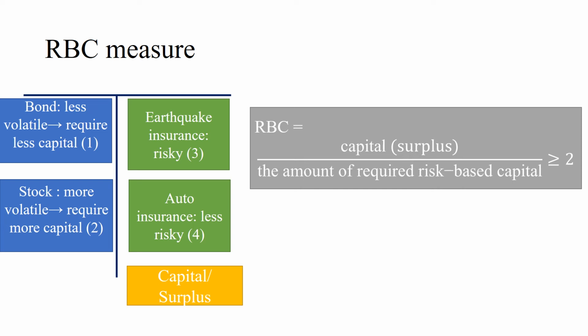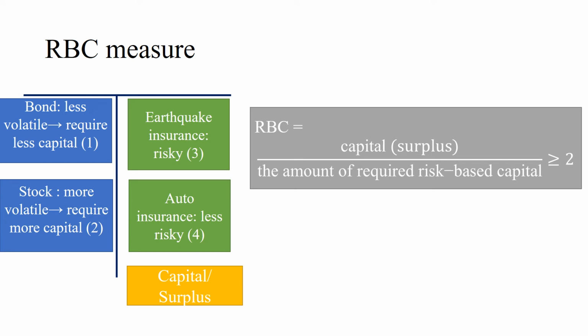If this insurance company is involved in many risky activities, sells a lot of risky products, this insurance company needs to hold more capital. The actual amount is decided by the government, the state government.